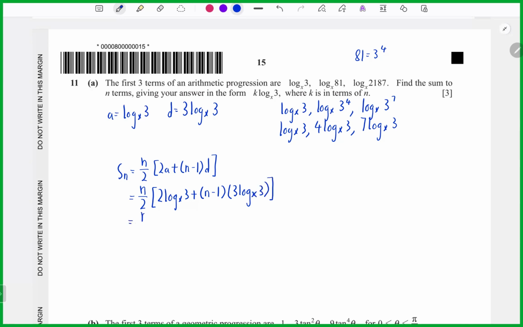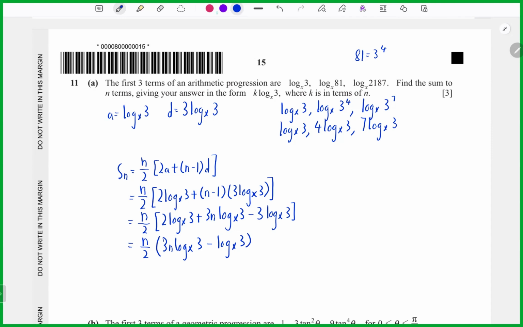Okay, equals n over 2, 3n log x 3 minus log x 3.